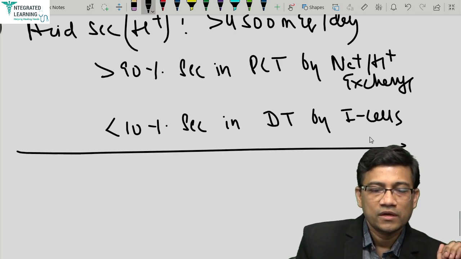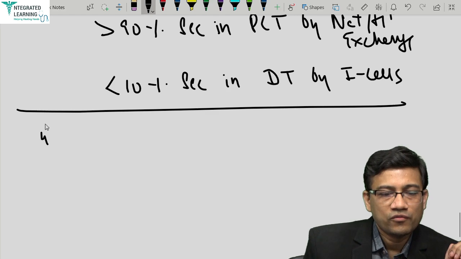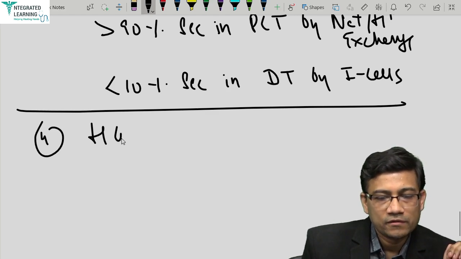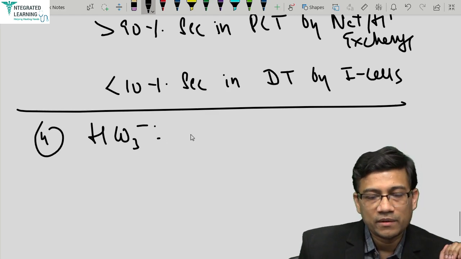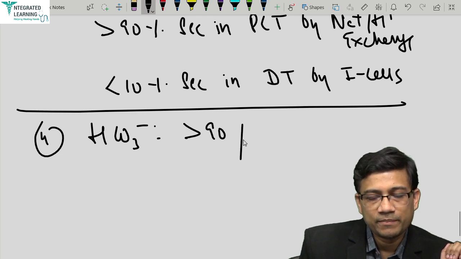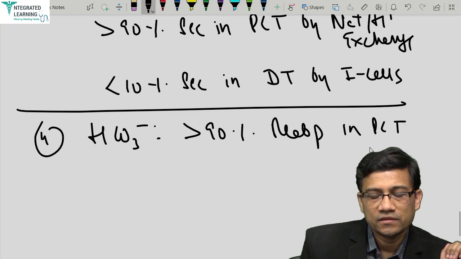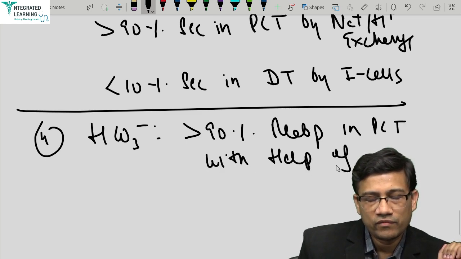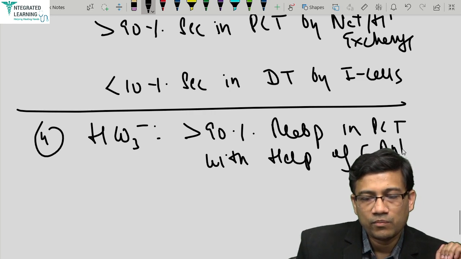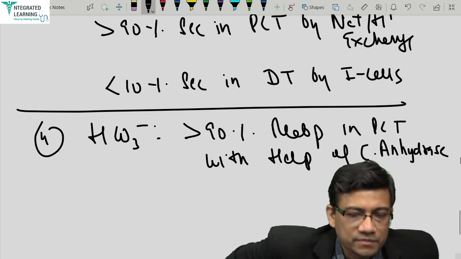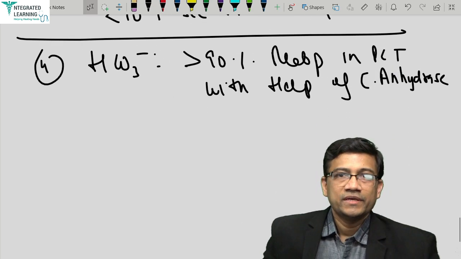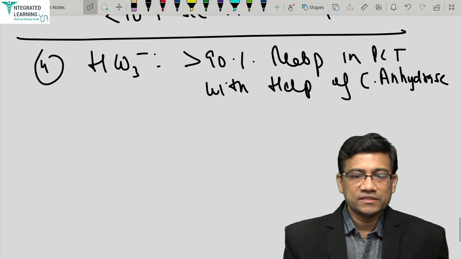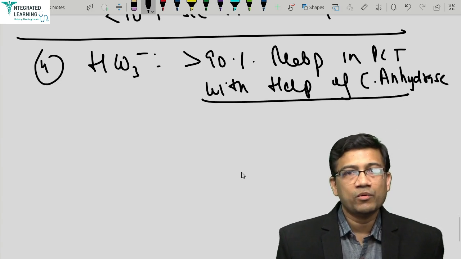Then we see number 4, bicarbonate. First, bicarb is again more than 90% reabsorbed in PCT with the help of carbonic anhydrase. What is the substance here? Yes, carbonic anhydrase. With the help of what? Carbonic anhydrase.